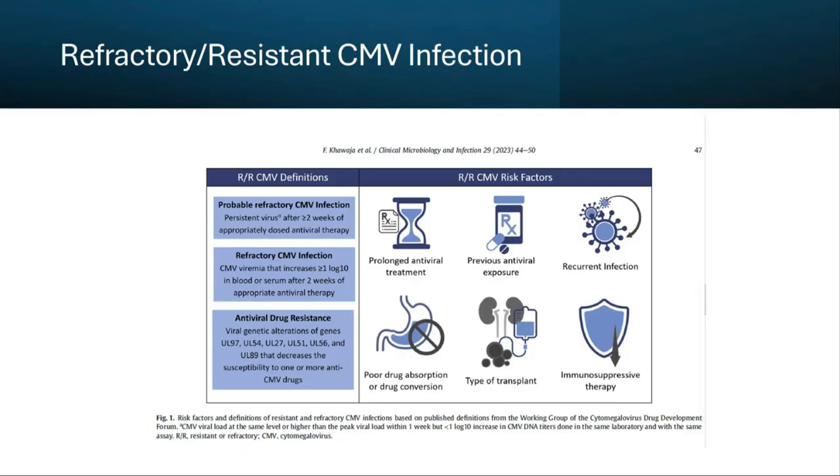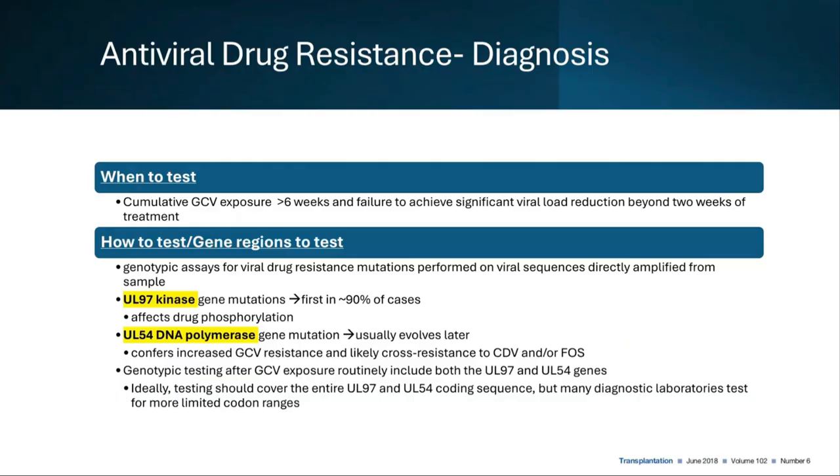And patients that are on a high level of immunosuppressants are also at high risk for resistance. And this is mostly because those patients generally require very extended courses of therapies and again have been heavily exposed to CMV treatment or prophylactic drugs. So remember, 6 weeks.